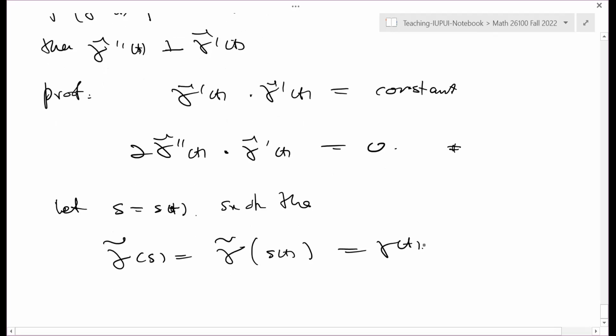Okay, so that's the relationship. So that gamma and gamma 2 dot, they have the same orbit. Just one goes faster than the other.